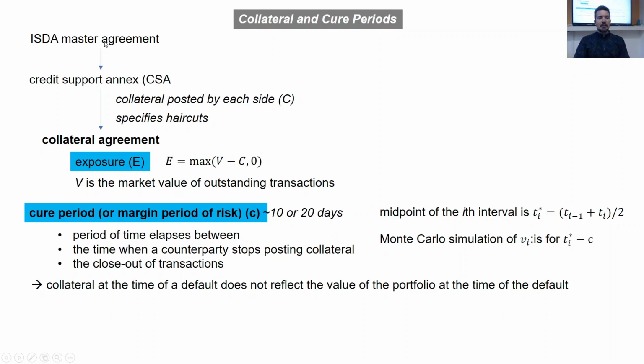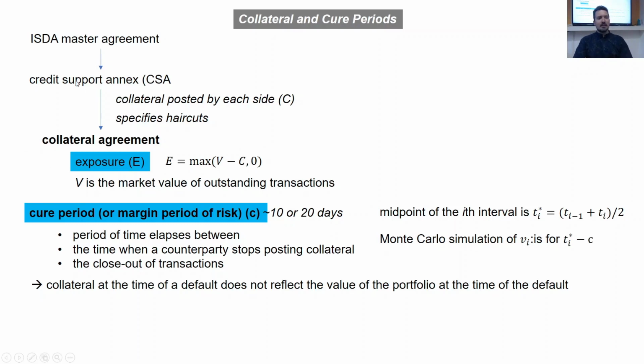So practically when the two counterparties are defining their agreement, this is the ISDA master agreement, so the contract, then it contains this credit support annex, which defines the collateral posted by each side, so this is the C, and specifies the haircuts to remove or at least to limit market risk, so the volatility of the value of the collateral.